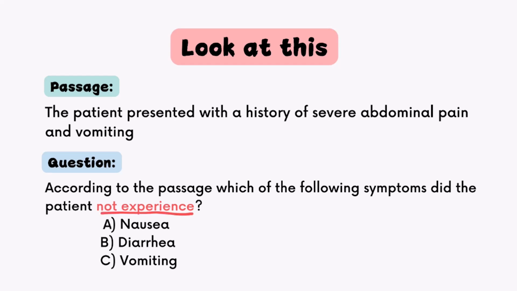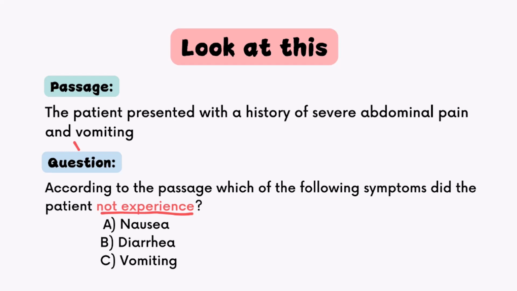What type of question is this? We are dealing with negative factual questions, which means it's completely not true according to the passage, or else the information is not stated in the given text. So in your question, the patient did not experience, which means the patient has no symptom of what? That you need to choose, right?